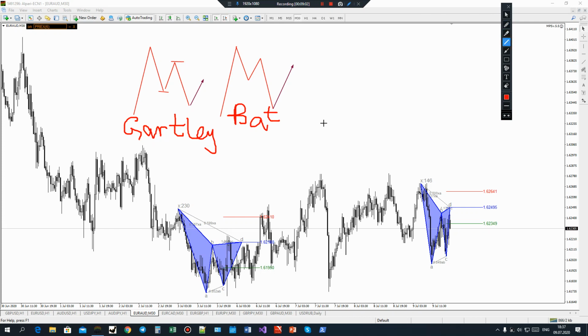Okay, so the third pattern looks this way. It is shallow, like a BAT pattern. But instead of going to 886, it goes to 786.